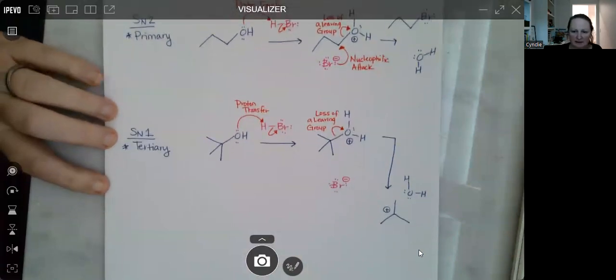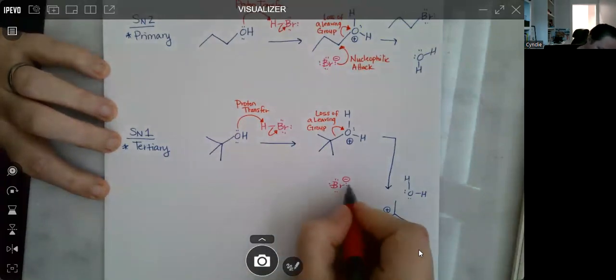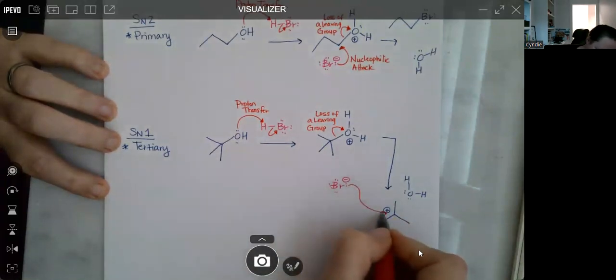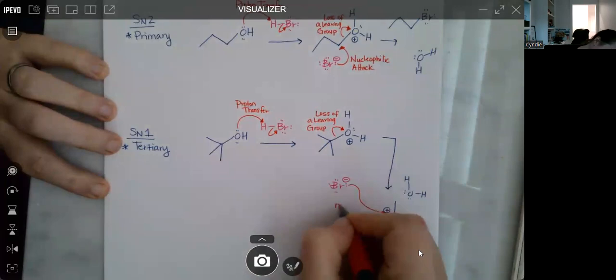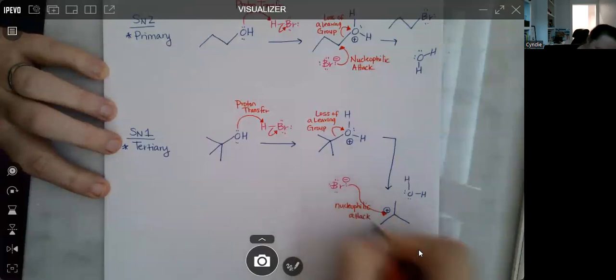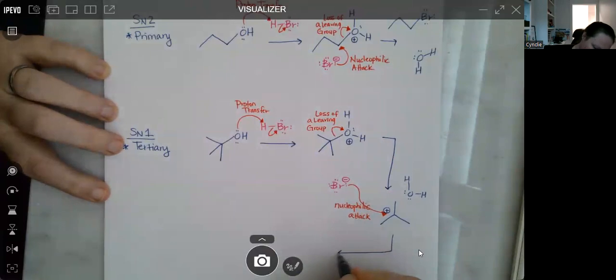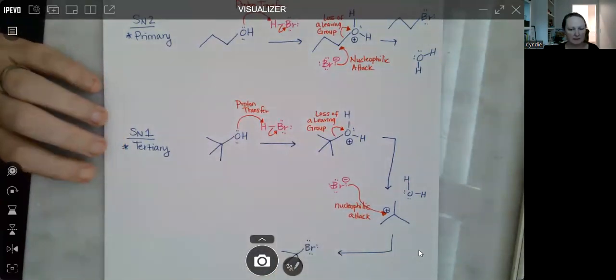And next, we would do the nucleophilic attack. So those occur separately, to form the product.